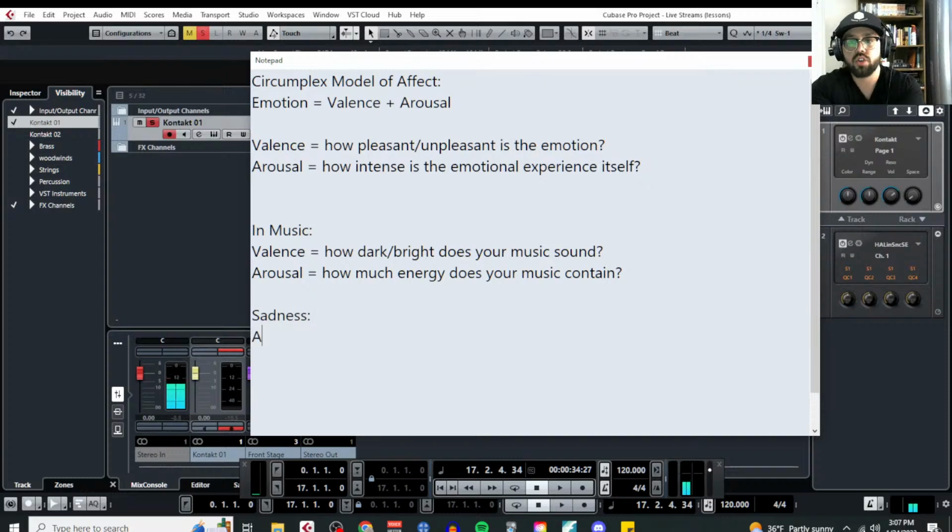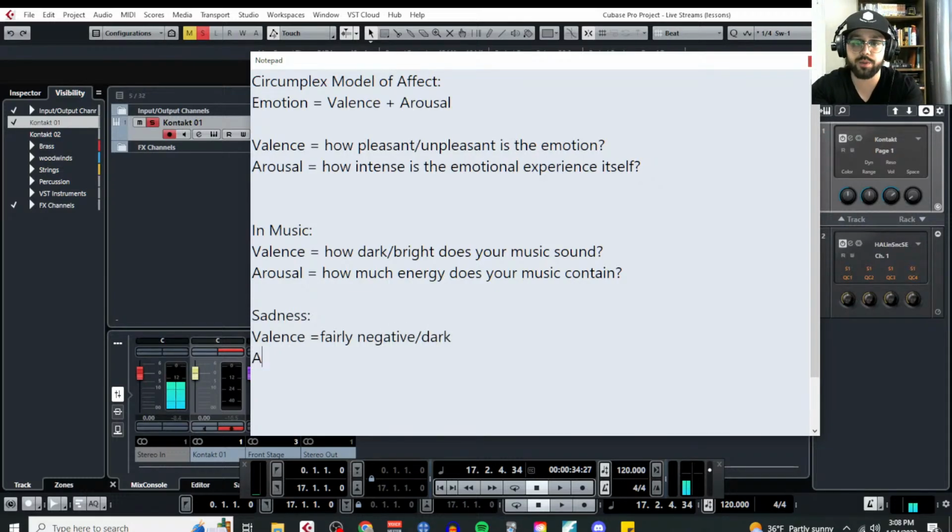All right. So valence, remember, valence is how dark, how negative, how unpleasant is this? I'd say this is pretty negative. Sadness is fairly negative. There are worse things you can feel, but I'm just going to say fairly negative, dark. All right.